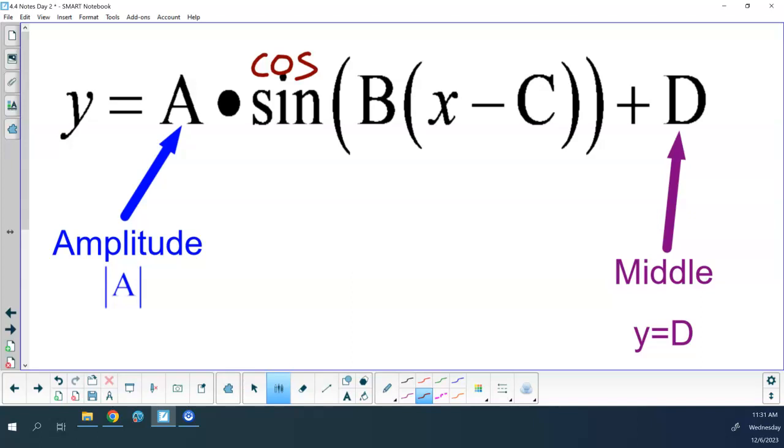All of these things affect them the same. So our D adjusts the middle, which then has control over your high, your low, your middle, and your range. It doesn't have control over the amplitude, because that's A's job. But it's got control over everything else. On top of that, it actually supersedes A's control over all of that other stuff.